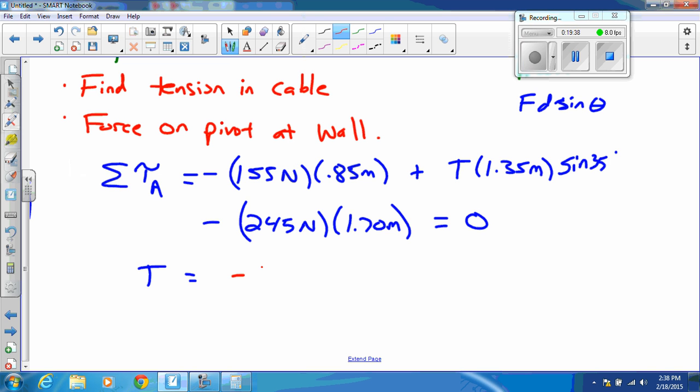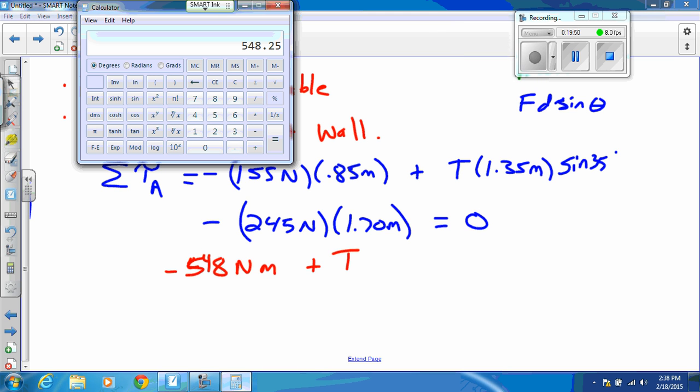That gives us negative 548 newton meters plus T times, and according to the calculator, it's 1.35 times the sine of 35, which is 0.774.